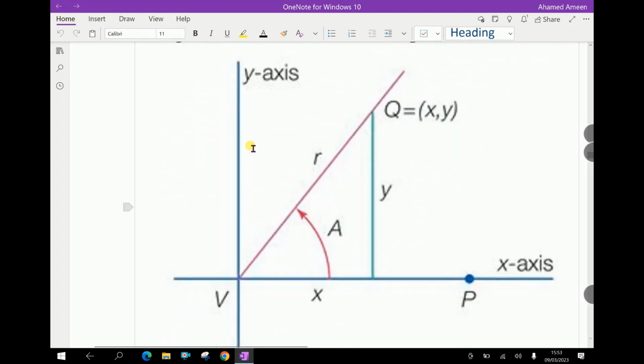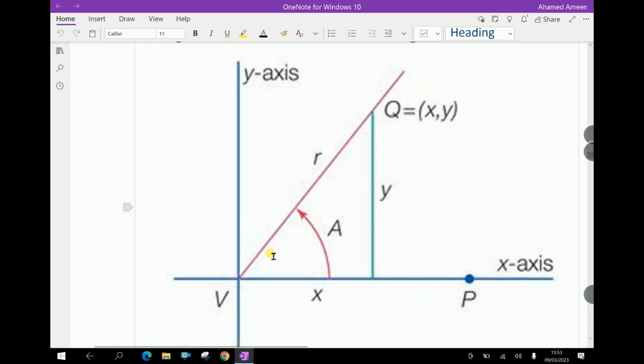Look at this. In the xy axis, trigonometric functions can be dealt with. Here the point Q can be represented: from the x-axis it is y distance, and from the origin, parallel to the y-axis, it is x distance. This is the angle between them. These 6 ratios can be expressed in this triangle.